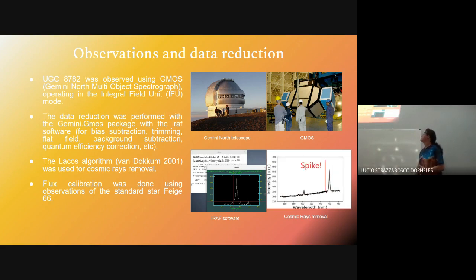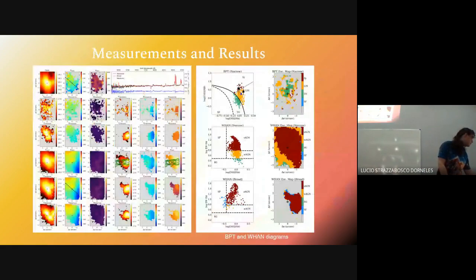Okay. So next, measurements and results. So here we have, like I showed in the last seminar, using the IFSCUBE package, we analyzed this galaxy. Here, the first three columns are the narrow component.